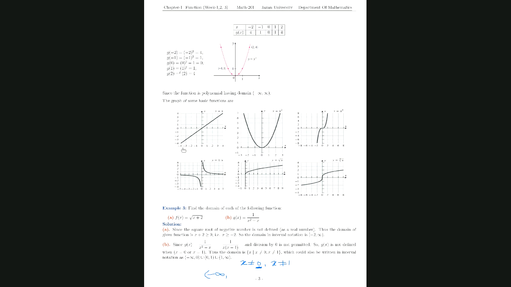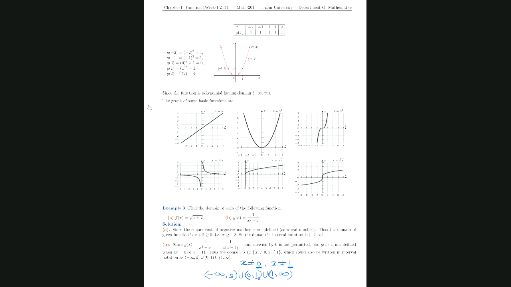So take here 0 and this bracket open, meaning 0 is not included, and then the union. And again start: this bracket open means 0 is not included here. And then 1 is not included, so take 1 and this bracket, meaning 1 is not included. Again the union, and again start from 1, not included, and then positive infinity.